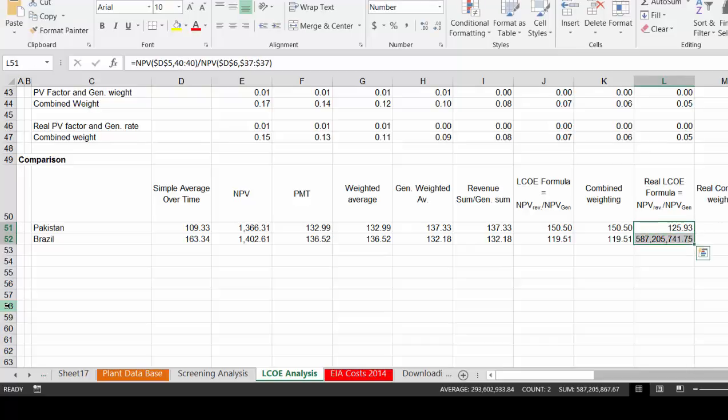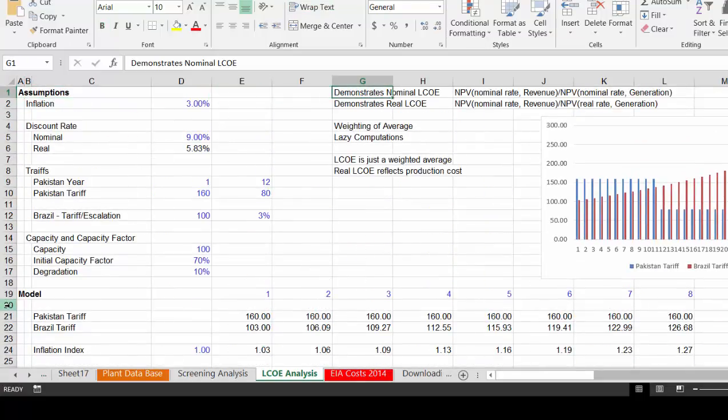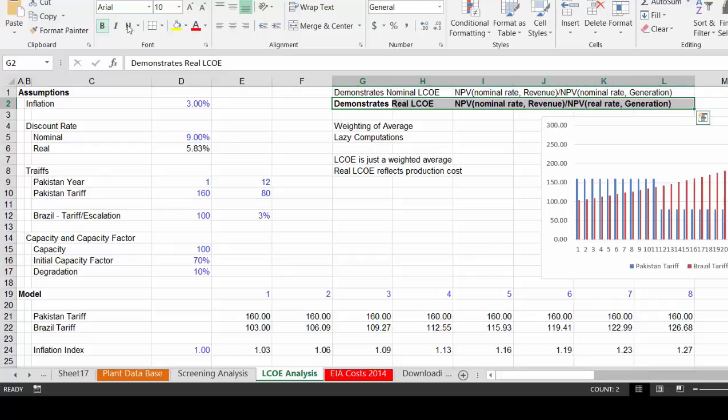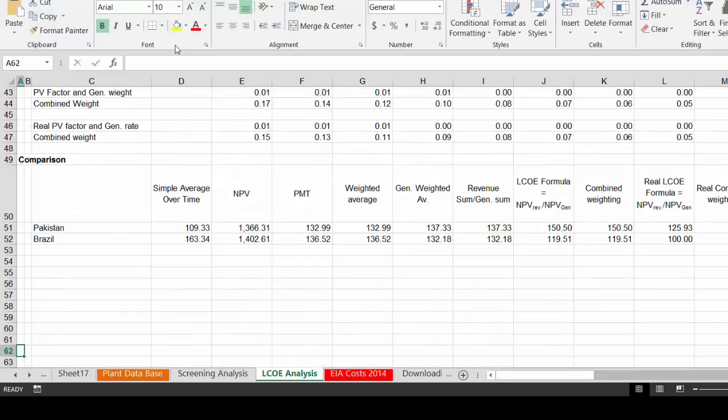So we get exactly the same result, and we've proven that this formula, the real LCOE, is the real number. That's today's prices. Shift Control 7 puts a little border around it, and that's enough of that exercise.